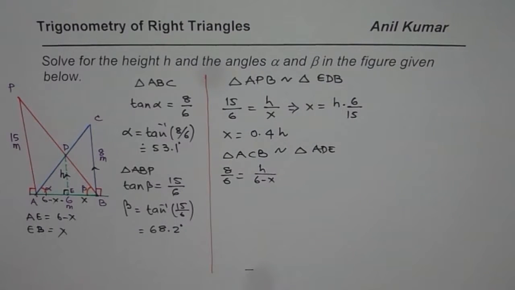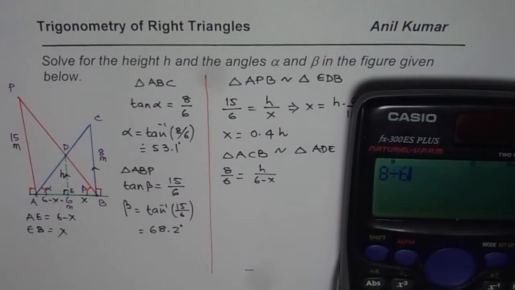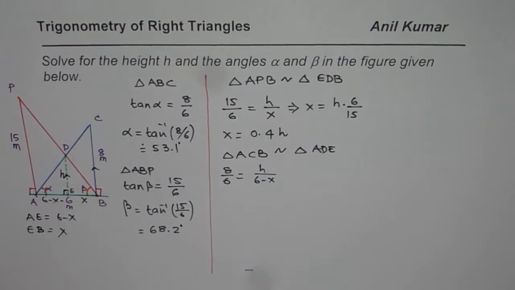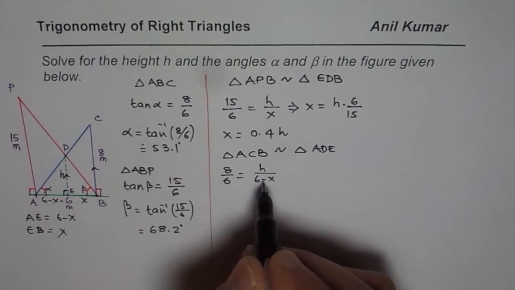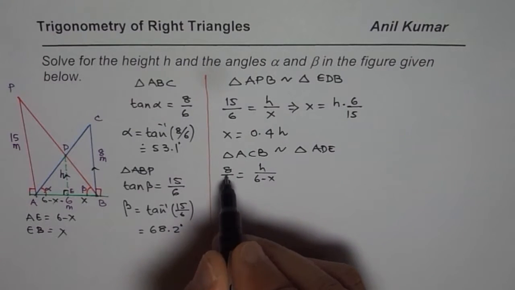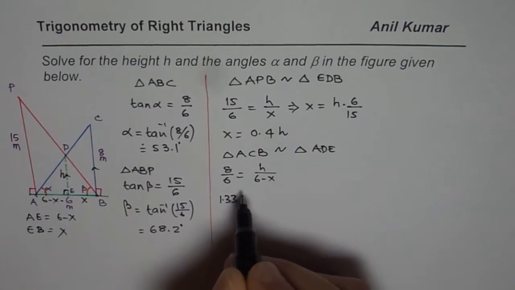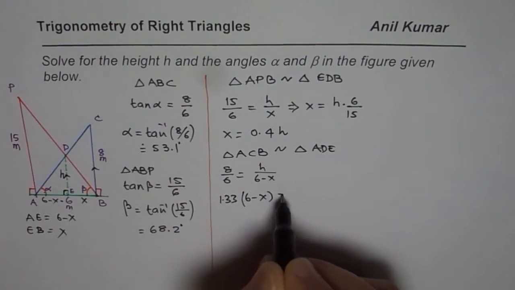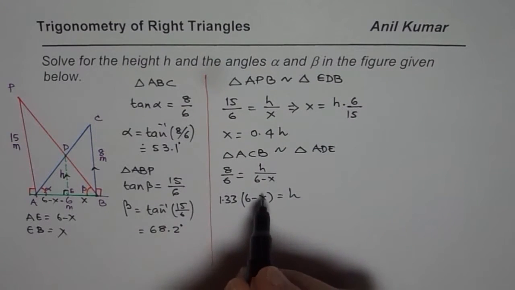So from here we can solve the equation. 8 divided by 6 is equal to 4 over 3, which means 1.33 recurring. Let's cross multiply. So 4 over 3, or 1.33, times 6 minus x is equal to h. Now x is 0.4h, so we replace x with 0.4h.